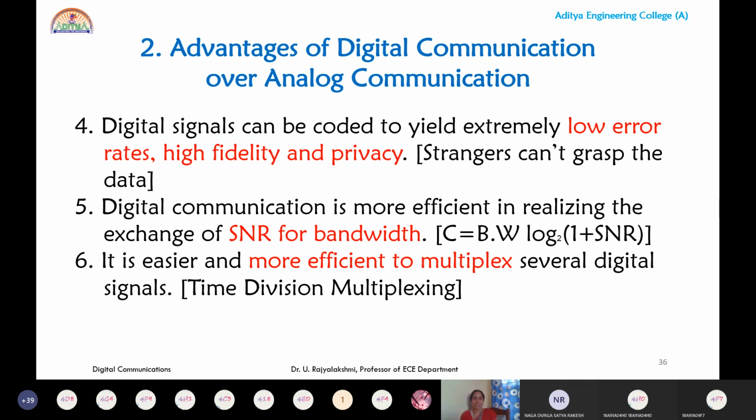In code division multiplexing, user 1 is given one code, user 2 another code, user 3 another code, maintaining frequency and time as constant. So one particular frequency band, particular time slot, one particular user.